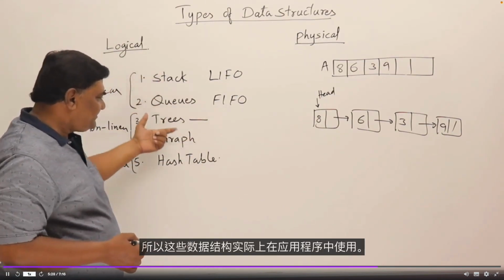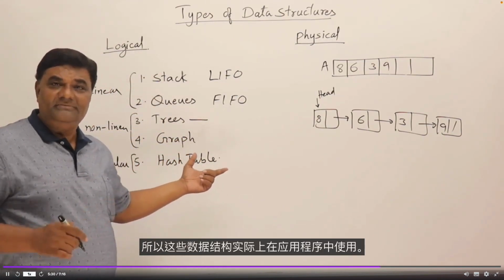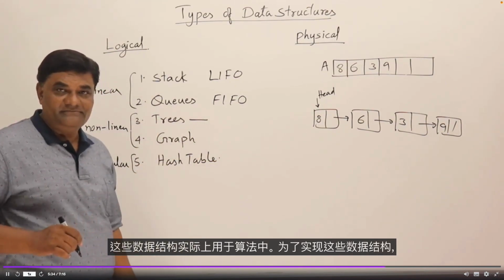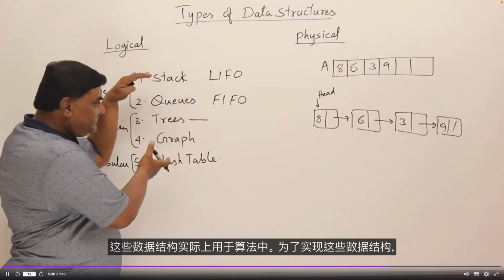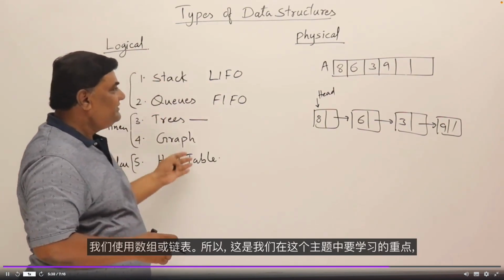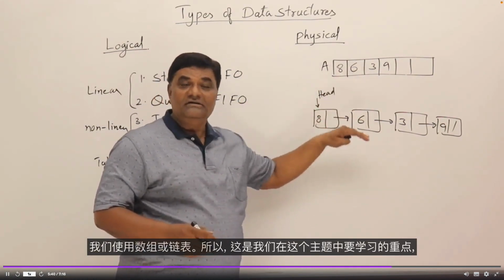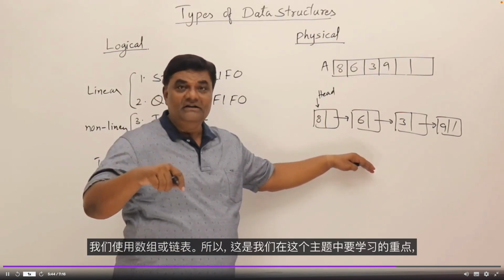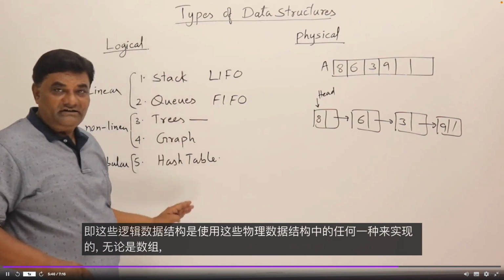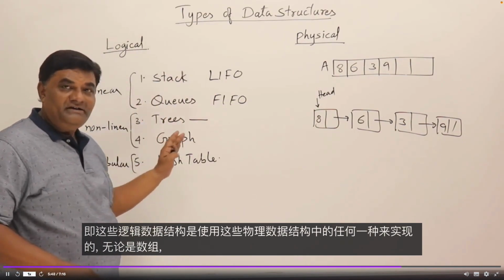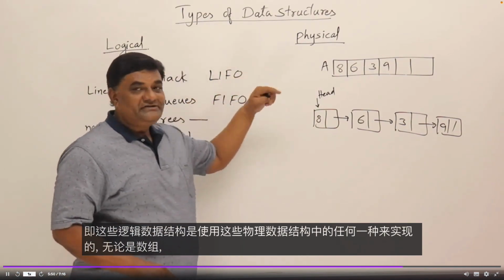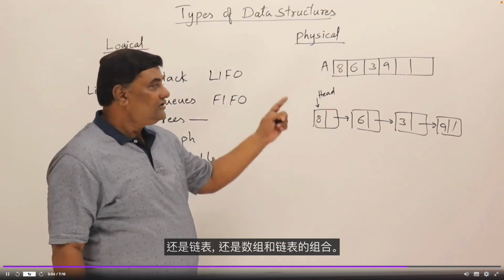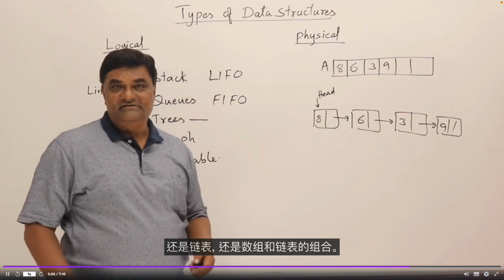So these data structures are actually used in applications and in algorithms, and for implementing these data structures we either use an array or a linked list. So this is the important point that we have to learn in this topic. That is, these logical data structures are implemented using any of these physical data structures, either array or linked list or the combination of array and linked list.